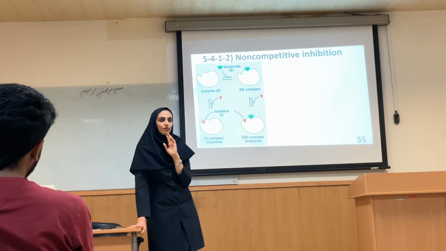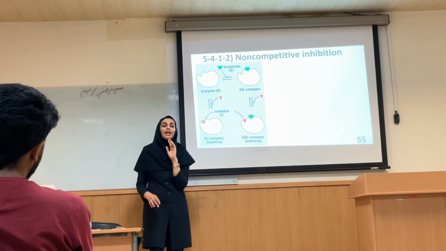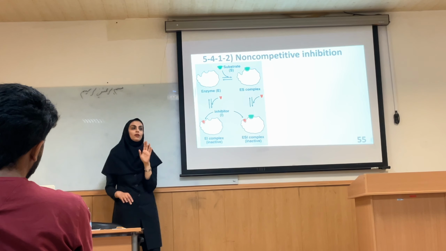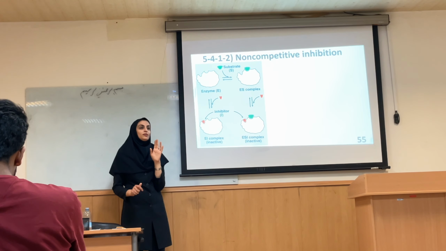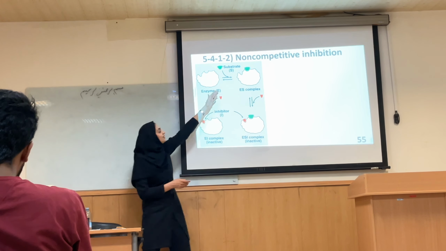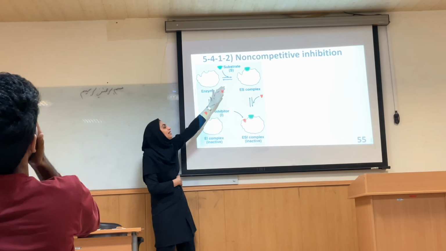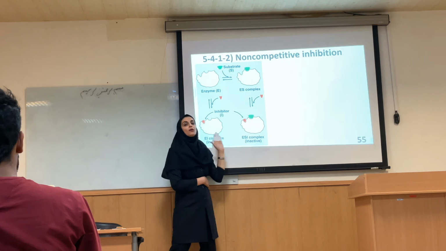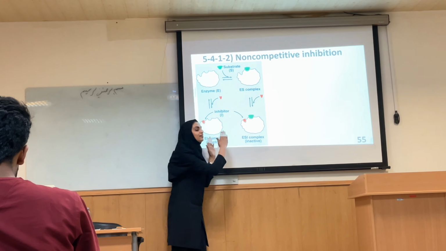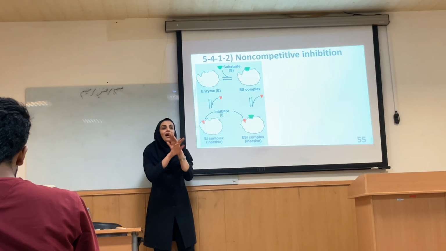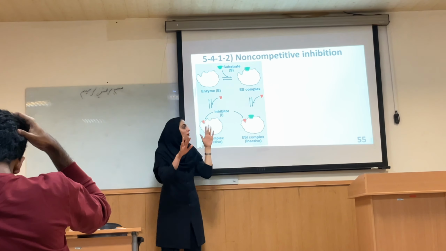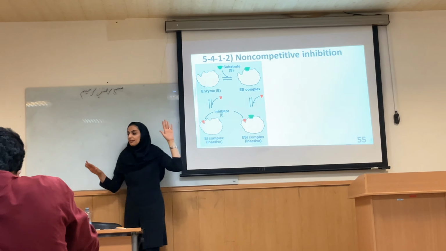No, Km is the same. Why? Because the site of attachment of the substrate to the enzyme is different. The affinity of the enzyme to the substrate has no change. But the Vmax is decreased.